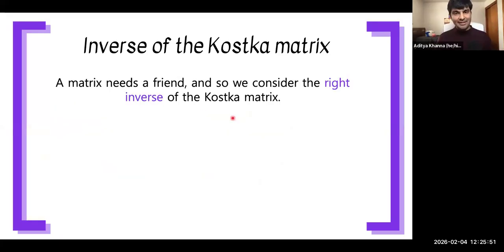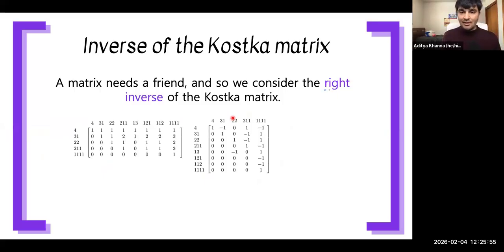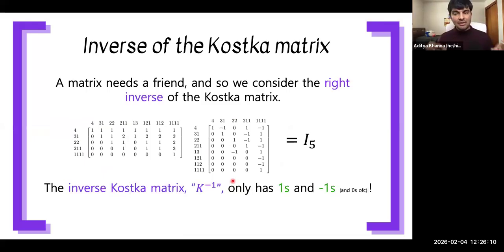Now let's move our attention to the inverse Kostka matrix. This is my Kostka matrix, which I'm calling the Kostka matrix for this talk, and I multiply it with this particular right inverse, and I get the identity matrix. For this talk, I will call this the inverse Kostka matrix.